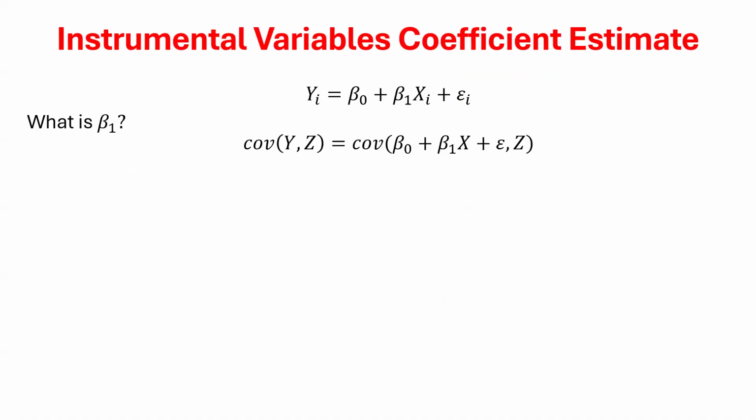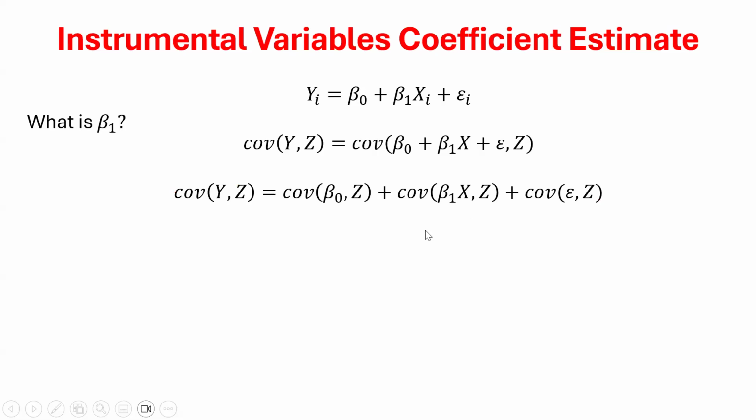If I think about how that instrument z is going to be correlated with both sides of this equation, I could think about this as the covariance of y with z, my instrument, should be equal here to the covariance of, well, if it's correlated with y, this is the equation I had for y. I'm just plugging that in. So what's the covariance of my intercept with the instrument? What's the covariance of beta 1 x with my instrument? And what's the covariance of my error term with that instrument?